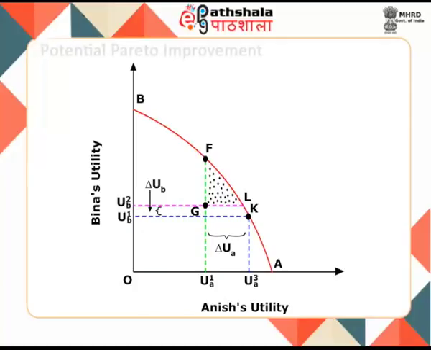Further, we discussed the feasibility of Pareto improvement with compensation for the society with the help of a diagram. We extend the two members, for example, to n members of the society. Moving from point G to K will be acceptable for Anish but not for Bina.